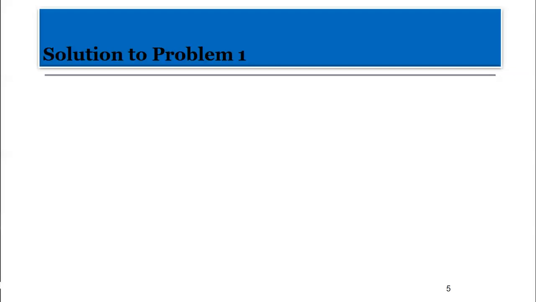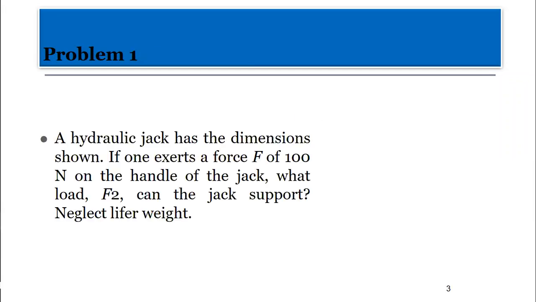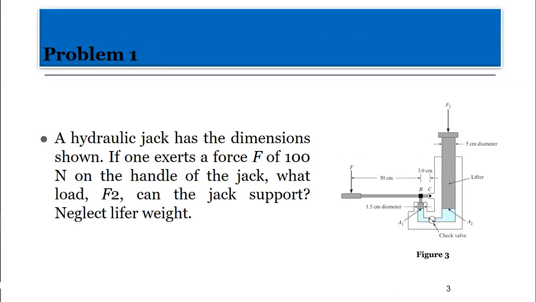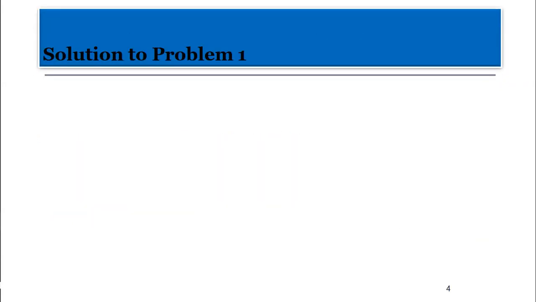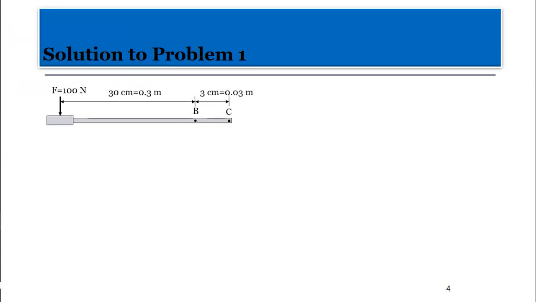Sorry about earlier. When I was writing the value for the moment arm, that's the distance between points B and C, earlier I made it 5 centimeters, but from the problem, it's actually 3 centimeters, meaning 0.03, not 0.05, okay?